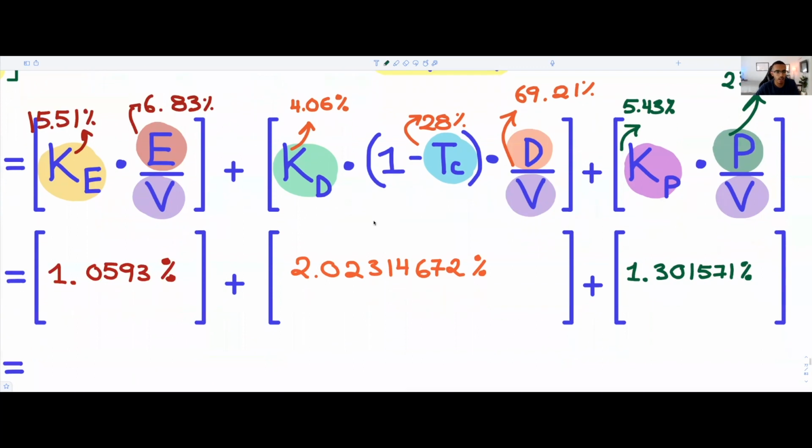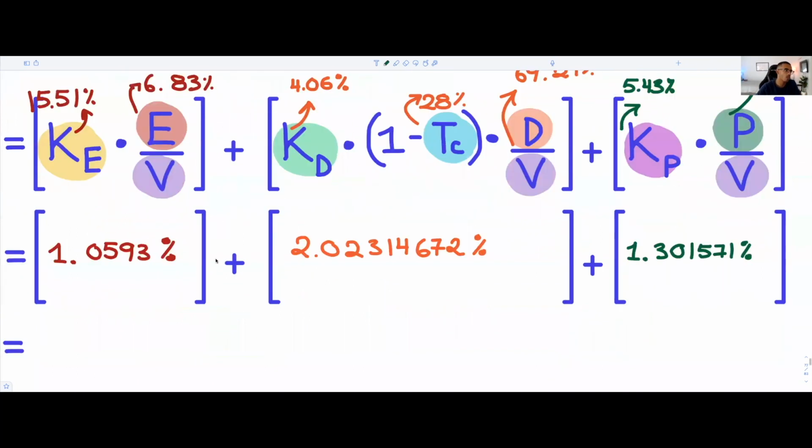So if we add all of these together, we're going to get WACC. Okay, let's go ahead and add all of these bad boys together. So we have 1.0593 plus 2.02314672 plus 1.301571.